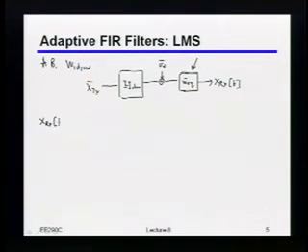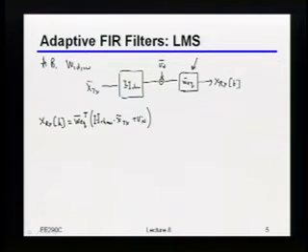As should hopefully be clear from the diagram, the analog voltage that I'm receiving is essentially: I take my equalizer and do a transpose, because you can think of it as doing a convolution. I'm going to convolve that with whatever the channel did to my transmitted sequence. And that's of course going to add in some noise.